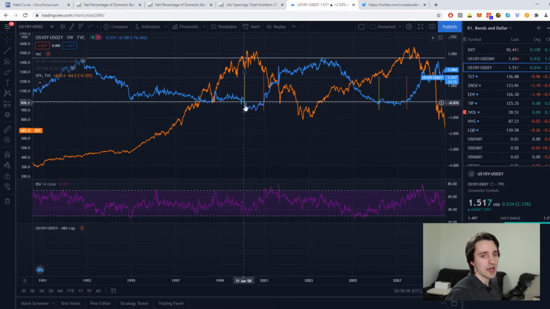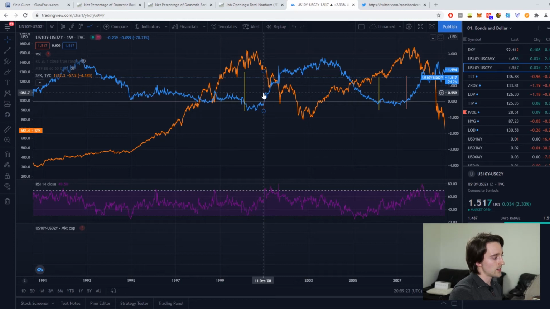Most likely then we have a catalyst which brings us into recession. But at that point, the yield curve is steepening because central banks are lowering rates. And when you lower rates, you steepen that yield curve, right? So when central banks are lowering rates in response to some type of issue going on in the economy, that's when you start to have this yield curve steepening. And that's when you know you're in the recession.